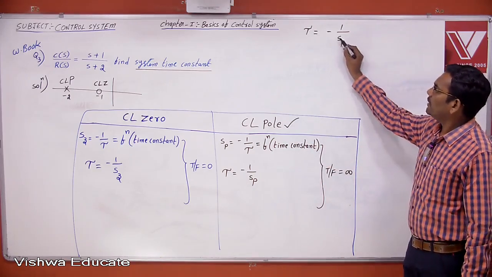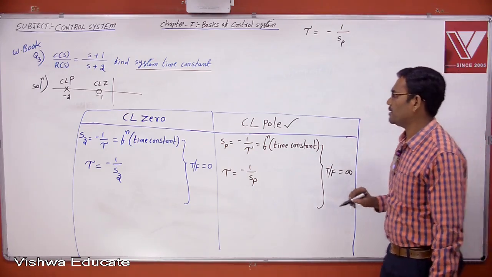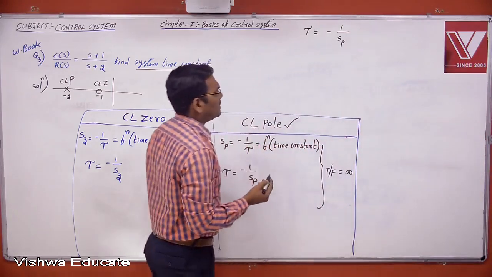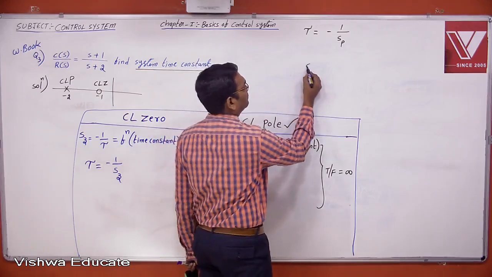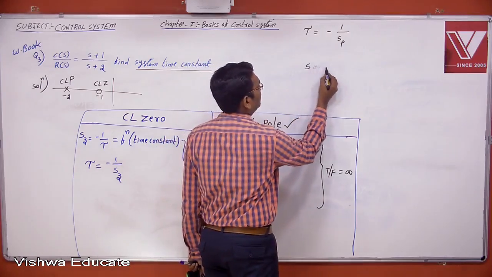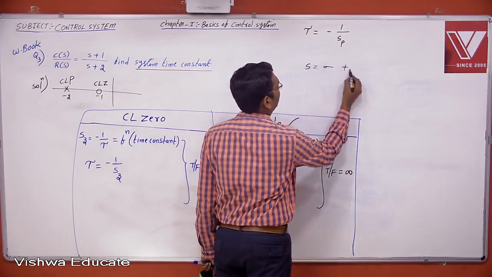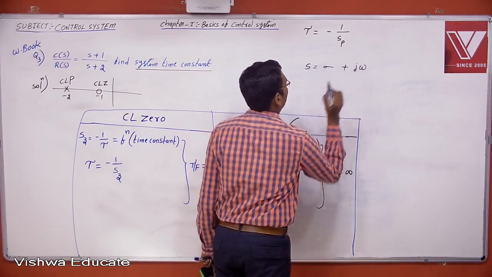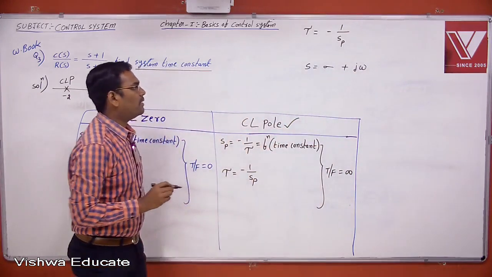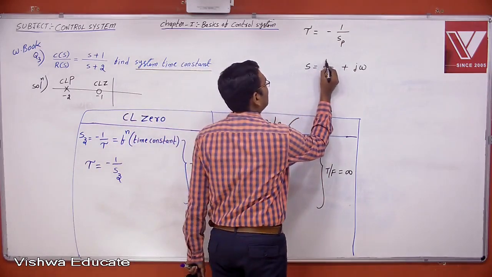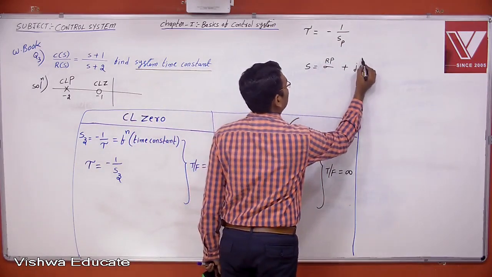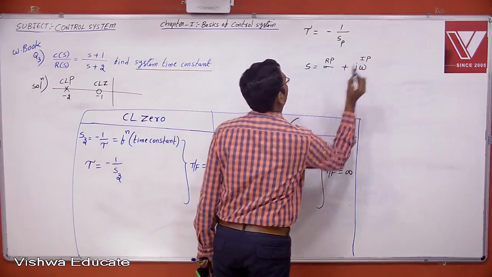But a pole, S, has two parts. What are the two parts? S is nothing but sigma plus j omega. This is the real part and this is the imaginary part.